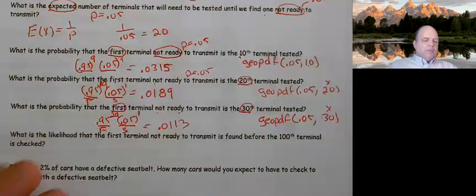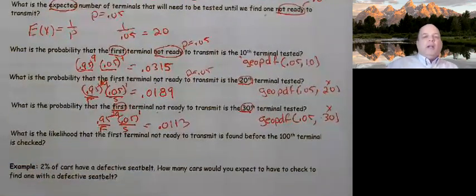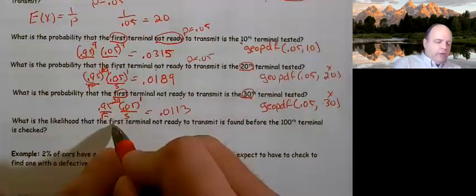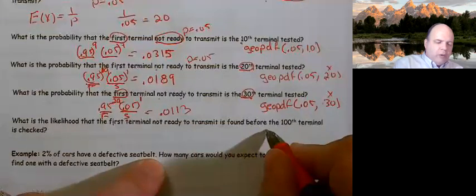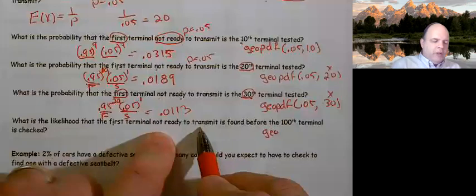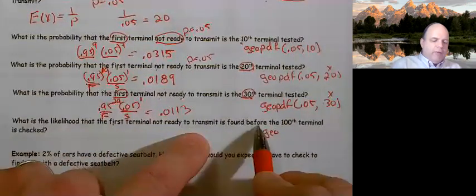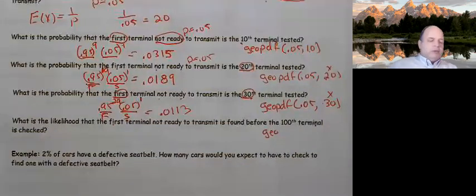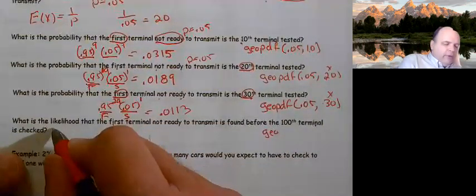All right, now we're going to change things up a little bit. What is the likelihood that the first, so this tells me we're working with a geo, terminal not ready to transmit is found before the 100th is checked. Wow. All right, so we have a number line.